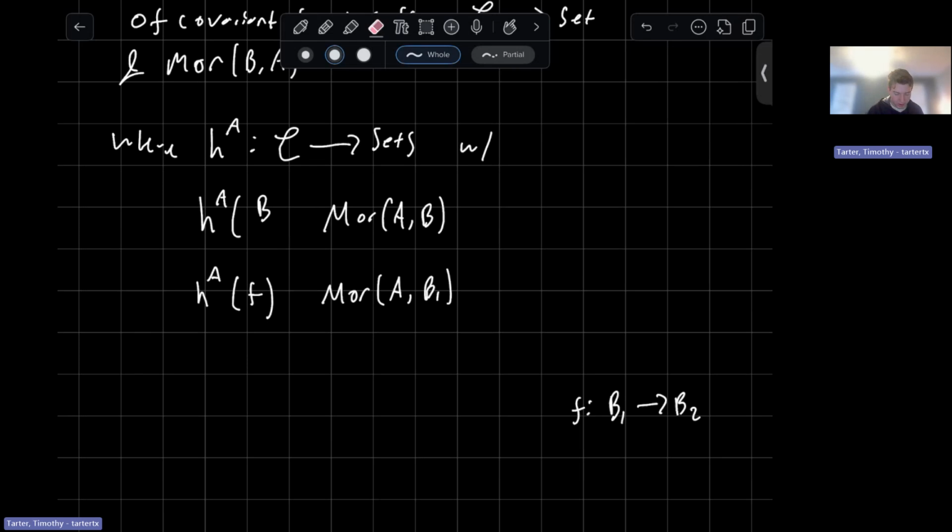I guess the better way to express this is just with arrows.